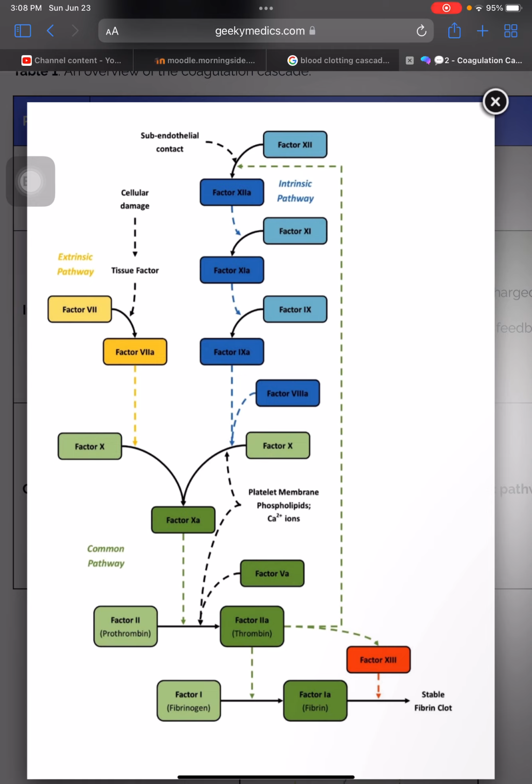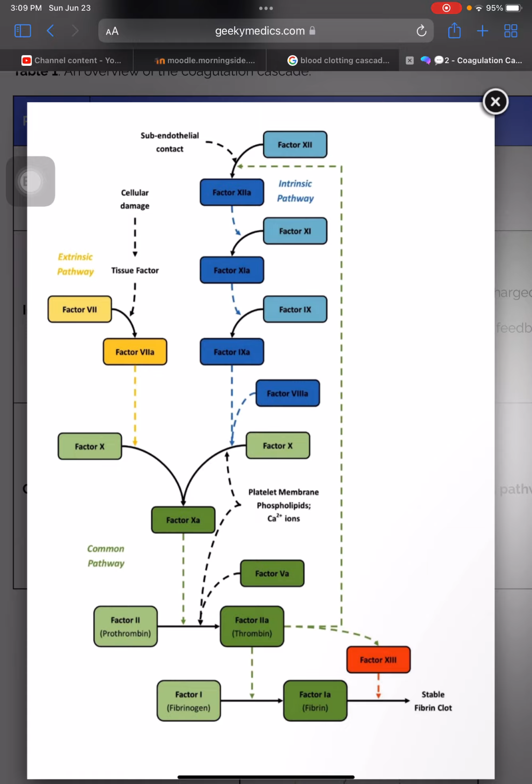If you look down below here, really close to the end, you see the second from the bottom, you have factor 2. Factor 2 is prothrombin, the zymogen prothrombin. It is activated by a couple of other factors to transform into factor 2A, which is thrombin.